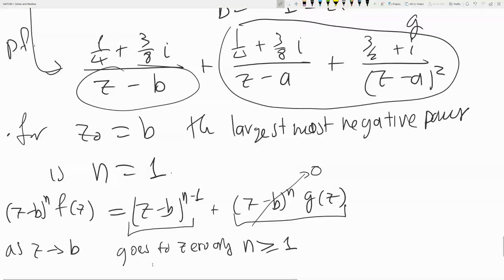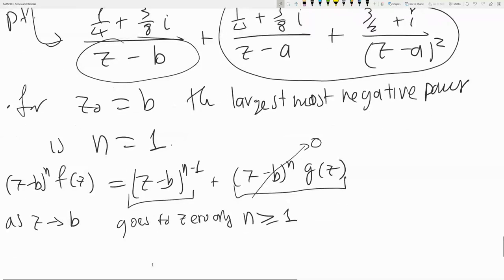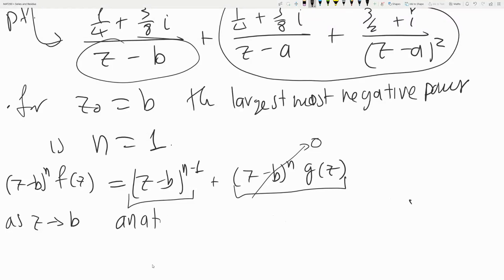Okay, right. So it is analytic for these guys, but we want it to be non-zero. So let me do this more carefully.